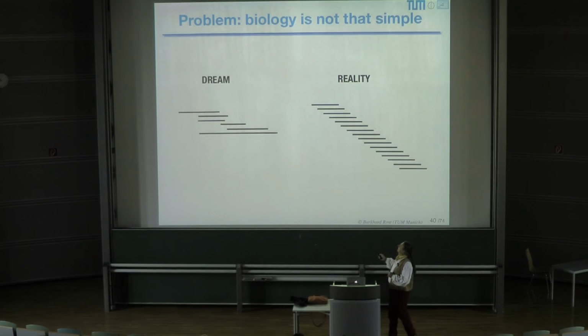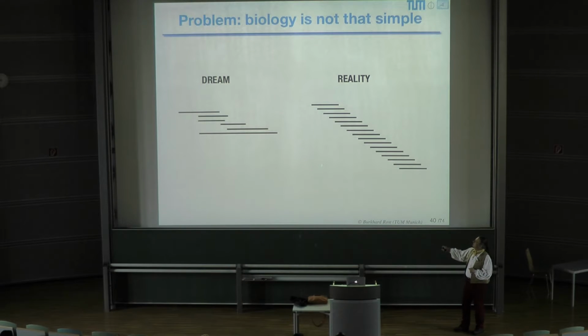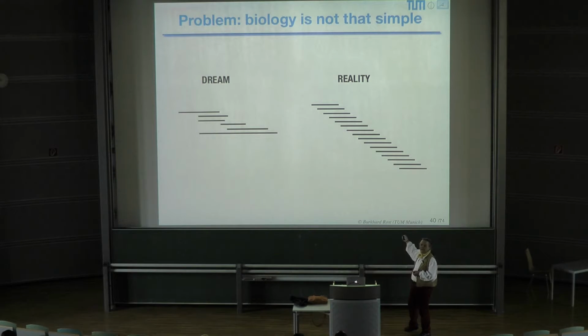Well, if that would be the dream and that would be reality, then there would be no domain identifiable from these sequence elements. Unfortunately, our group has spent the best of 10 years believing in this model, and after a lot of frustration, essentially we began believing that it's more like this model.